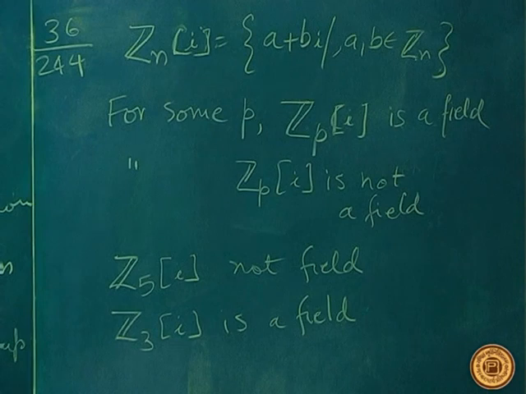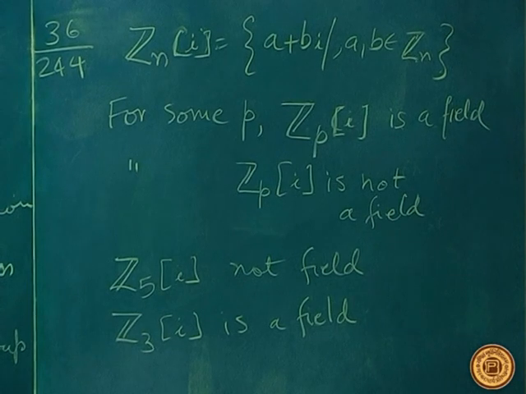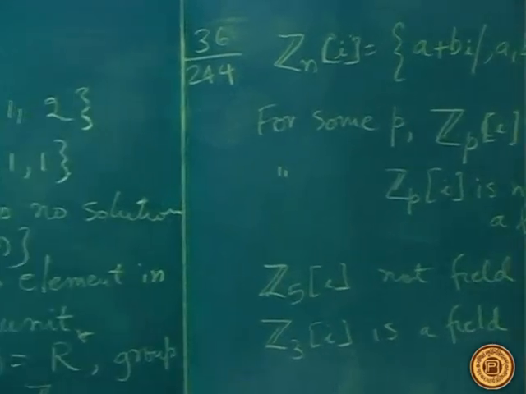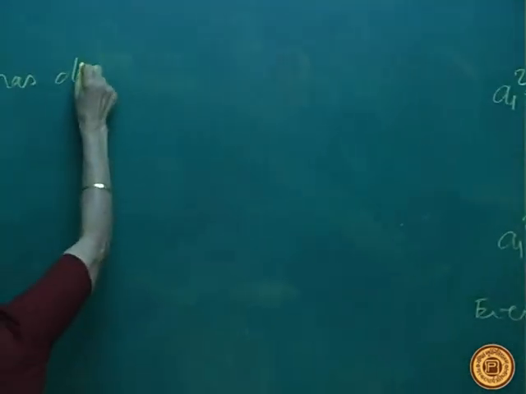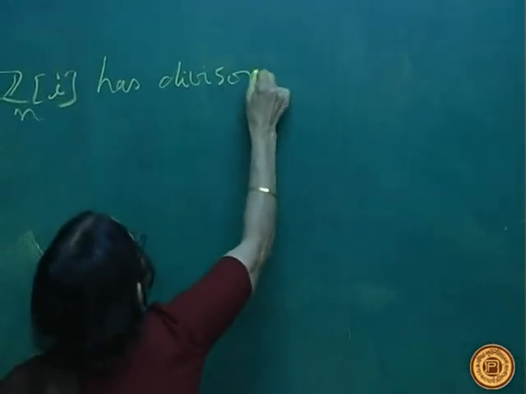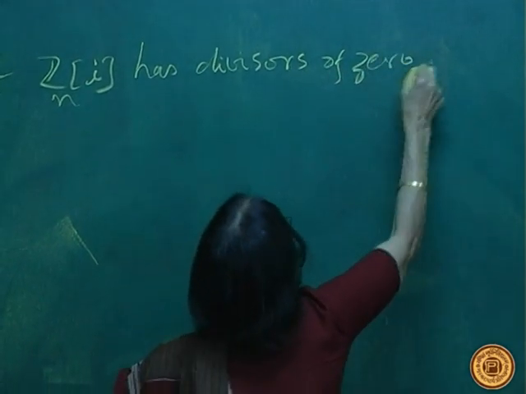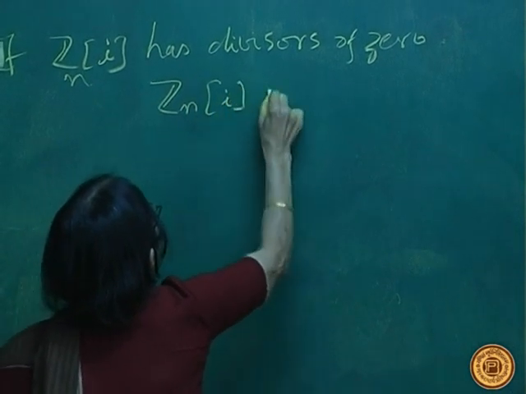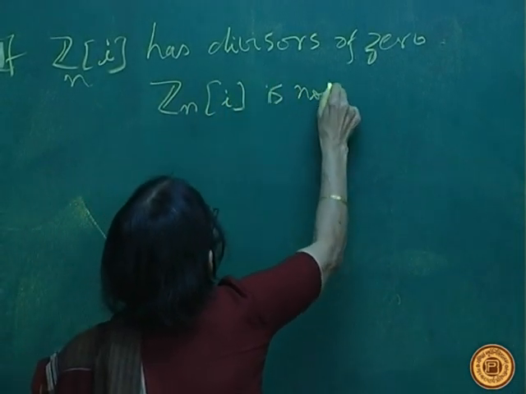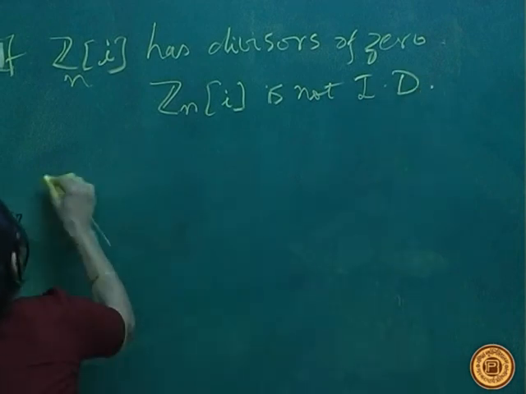So let us check the condition. If Zn[i] has divisors of 0, then Zn[i] is not an integral domain and therefore not a field.